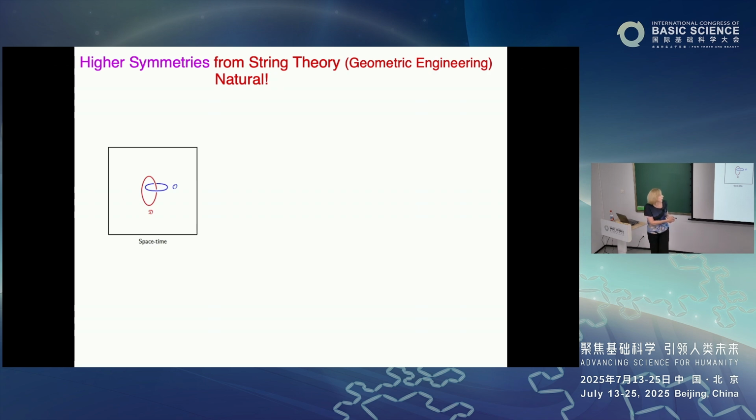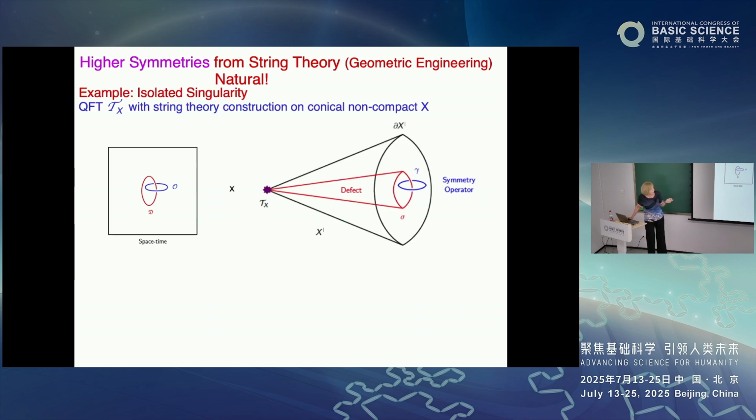Now, how about higher symmetries in string theory, geometric engineering? So I want to claim this is very natural. So we have a target space associated with symmetry defects, like strings and corresponding operators. And in string theory, what we have to add to this target space is the non-compact singular space.